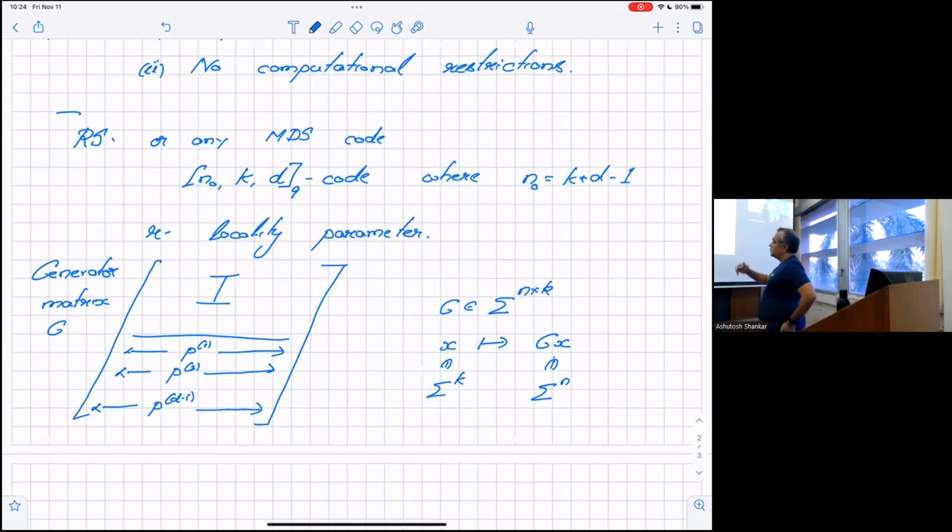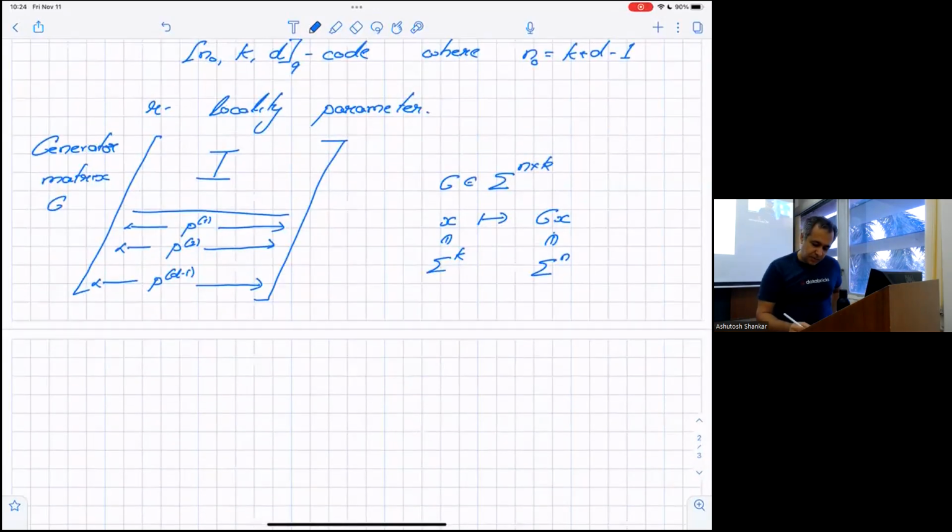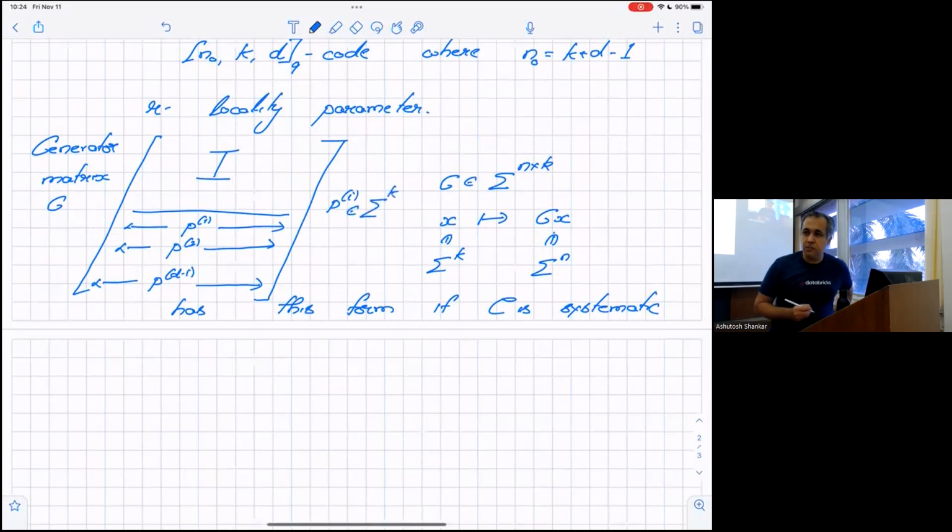So the generator matrix has this form if C is systematic, and each of the PIs is in sigma to the Q. Fair enough?